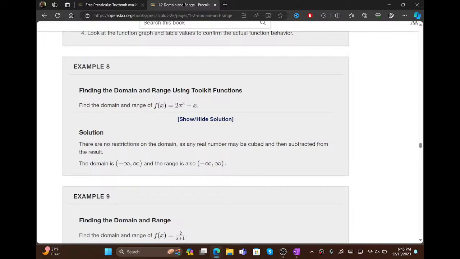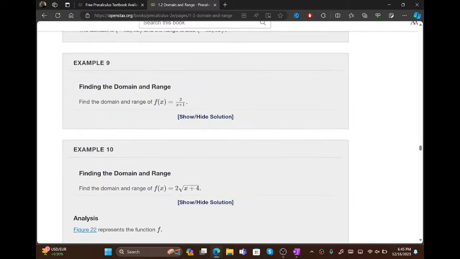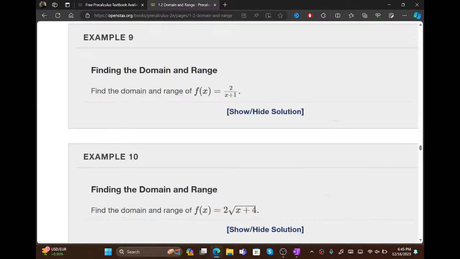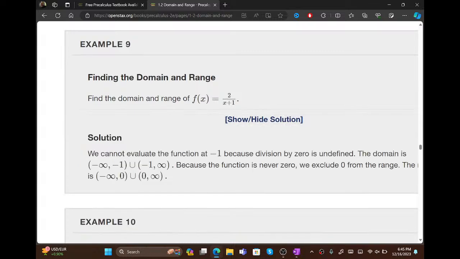There are no restrictions. The domain and range will be -infinity to infinity, or all real numbers. Example 9 states the kind of problem where we have the domain and range of 2 over x plus 1.